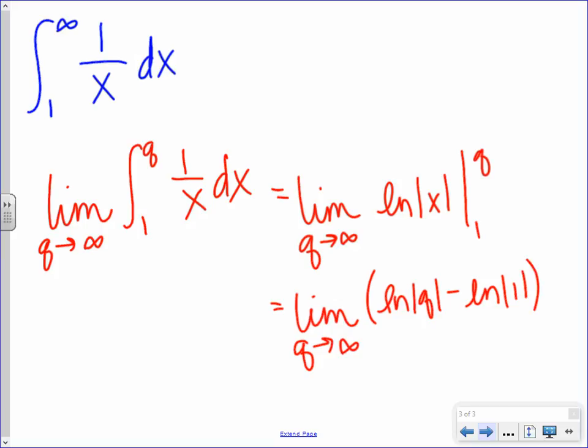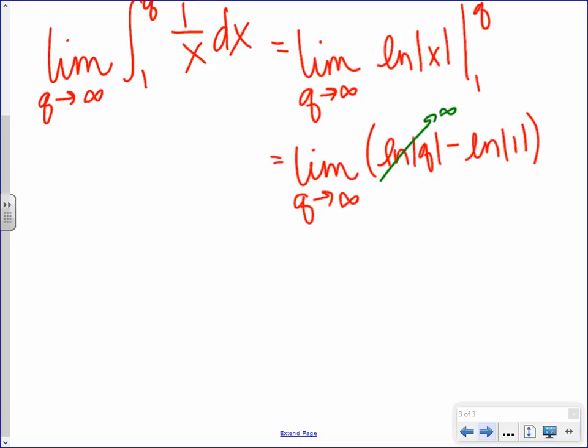Well, what's the natural log of 1? 0. What about the limit as Q approaches infinity of the natural log of Q? That goes to infinity. Remember what the natural log graph looks like? Towards infinity, the natural log continues to grow. This goes to infinity, which means our limit is infinity, which means this integral diverges.